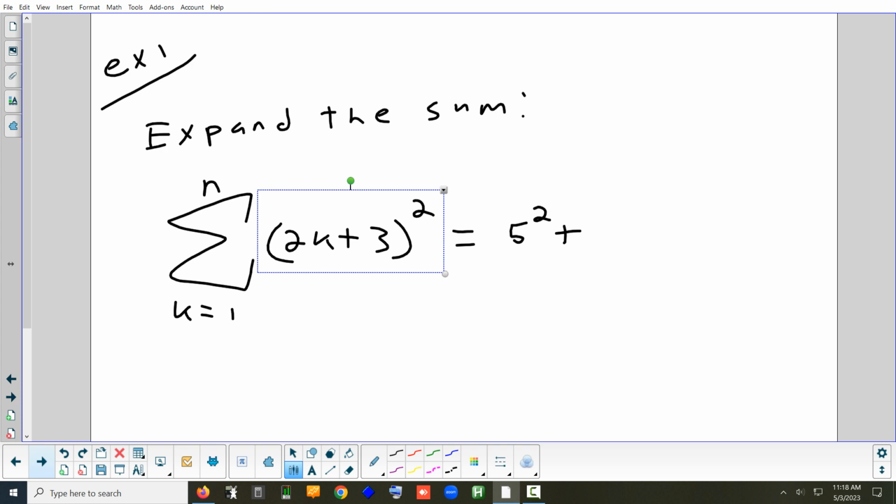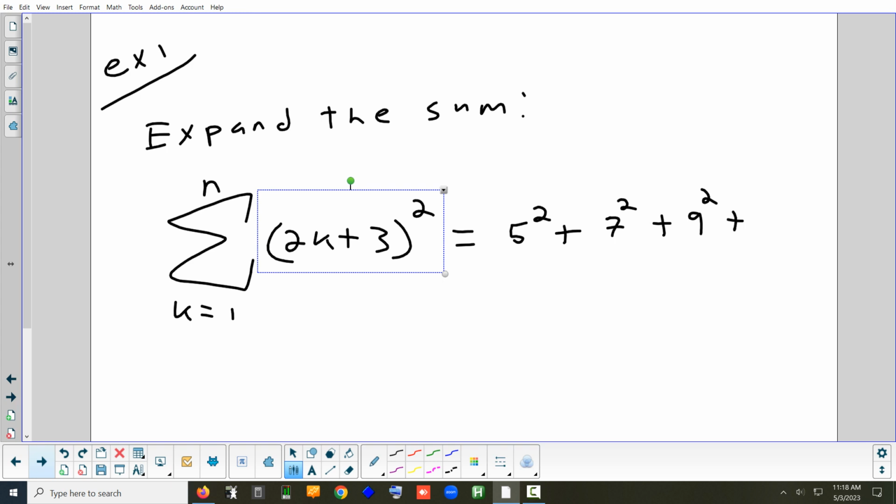Okay. What's the next number we plug in? 2, and then you get 7 squared. A lot of times I leave it squared if I want to try to look for a pattern that's easier to see without doing the square out. Okay. What's the next one going to be? 3. 9 squared. Okay, we've done enough to establish kind of what's going on here.